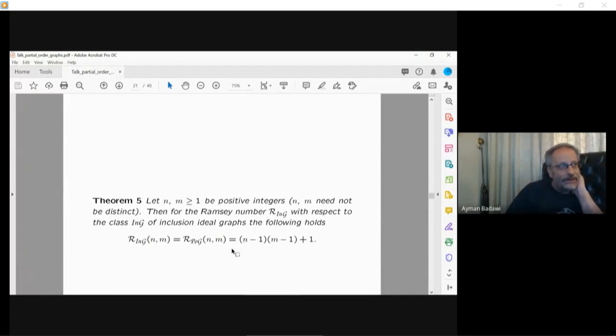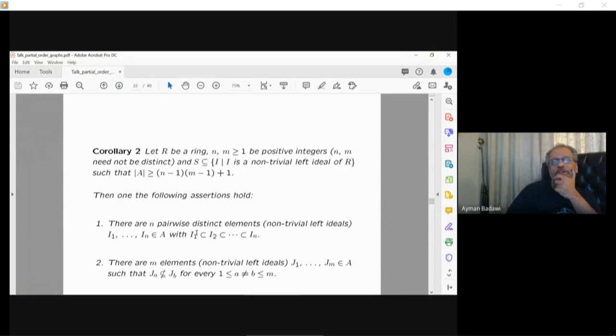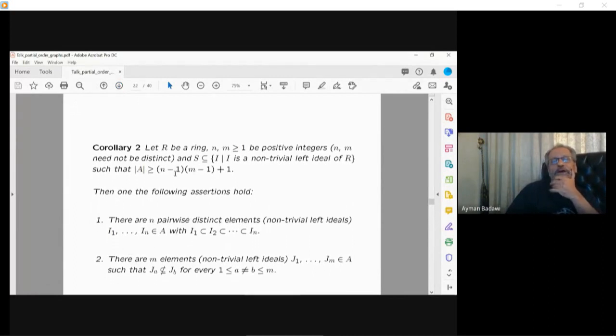Here I'm taking a special graph called the inclusion graph. So you expect the number to be less, but it's not, it's still the same Ramsey number.